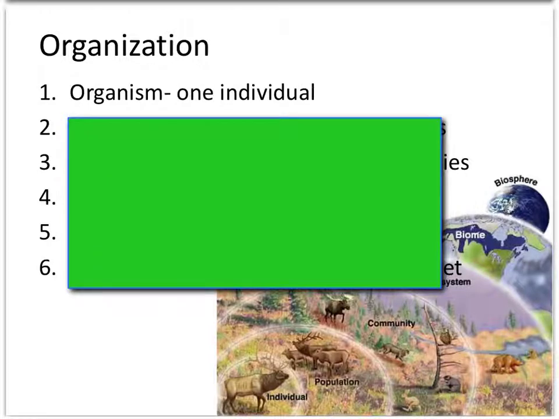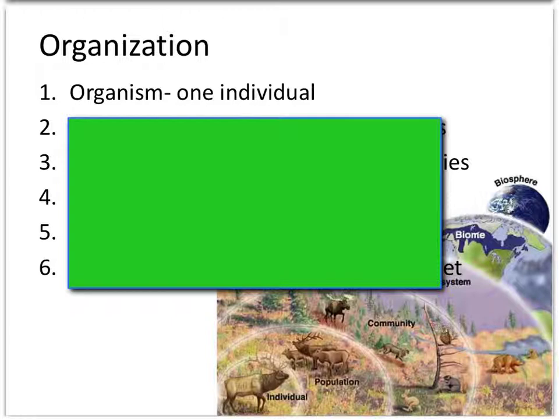So some of the terms that we're going to be talking about is how organisms are organized into different levels of ecosystems and communities and groups of interacting species. So first off, the most simple level of organization would be an organism. Right, so that's just one individual. We've talked about organisms before. That shouldn't be a new term for you.